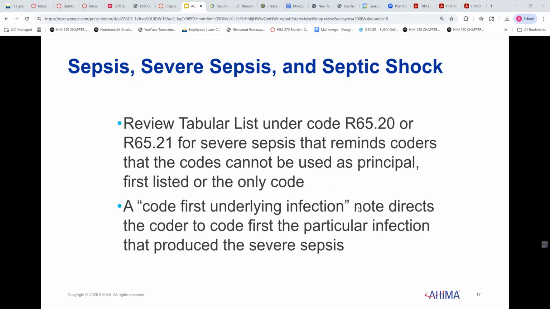So there will be a reminder note in the tabular that will direct you to code the infection first that produces the severe sepsis. This is worth saying again. You can never have R65.20 or R65.21 as a principal or first listed code.